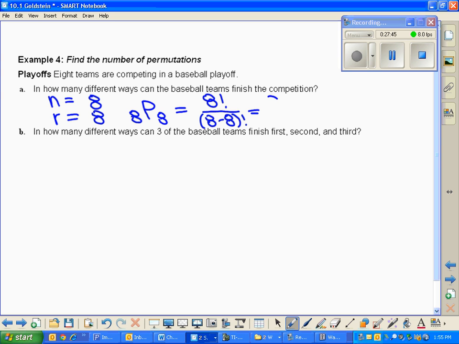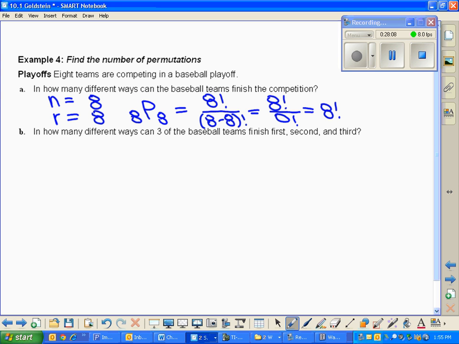Well, what's on the bottom there? What does that end up being? 1, because it's 0 factorial, right? We discovered that 0 factorial is 1. So, do you remember what Luke just said? That when we take n and r as the same number, we're just taking that factorial?